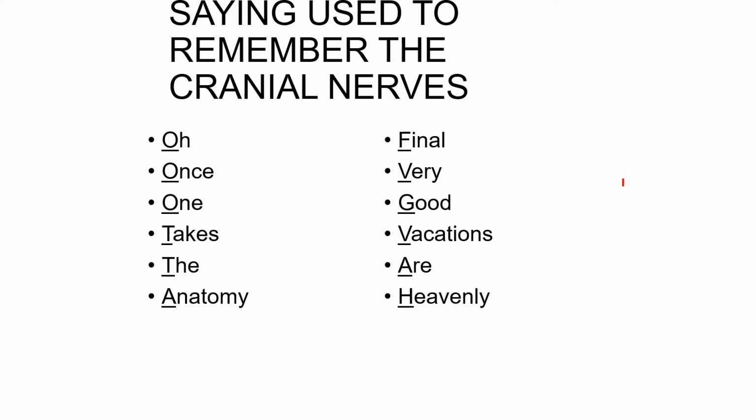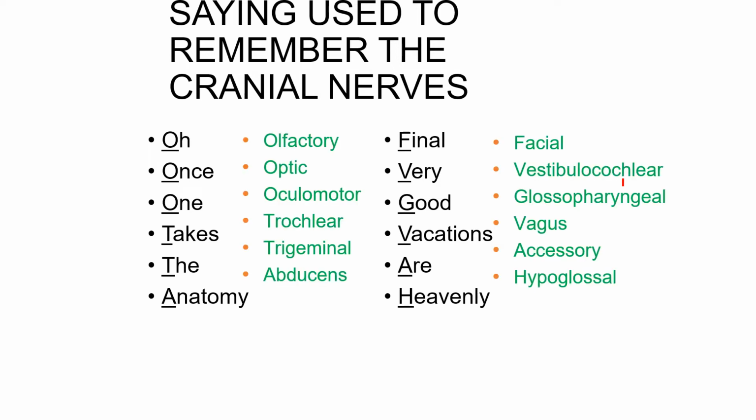So: Oh, once one takes the anatomy final, very good vacations are heavenly. And you'll see that the first letter of the cranial nerve corresponds to the first letter of these words. So you'll see olfactory, optic, oculomotor, trochlear, trigeminal, abducens, and then you can see all the rest.